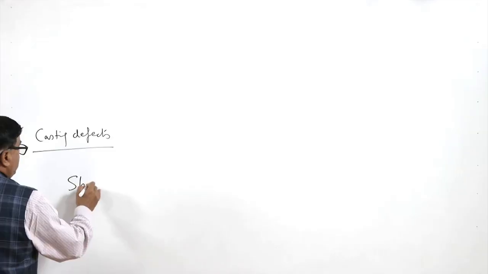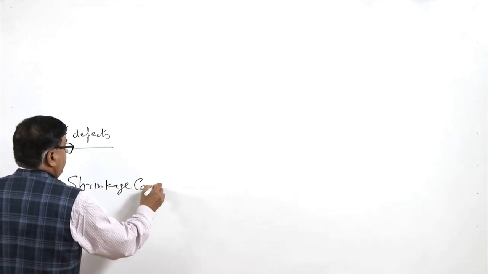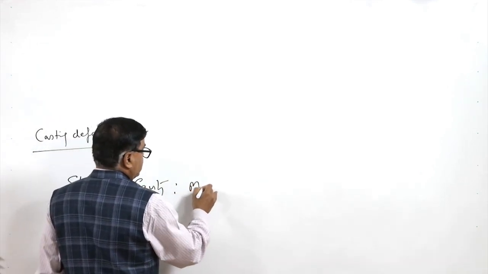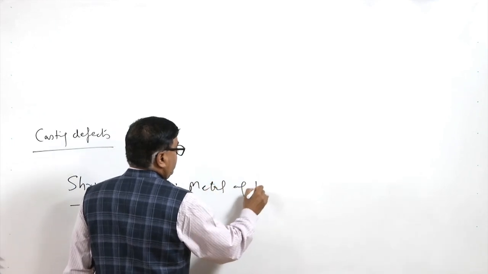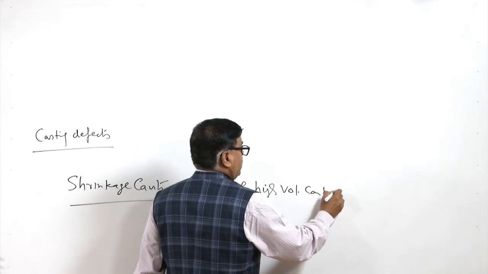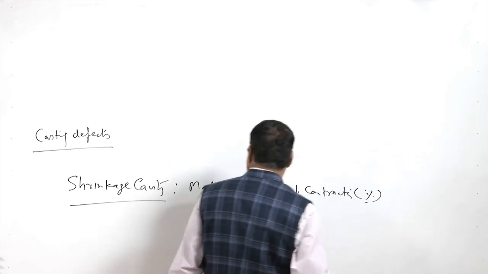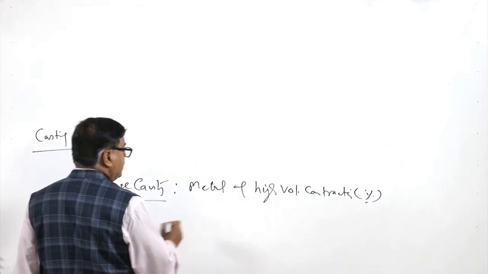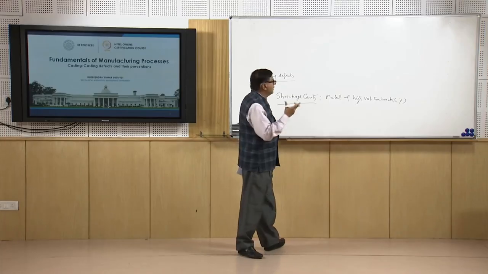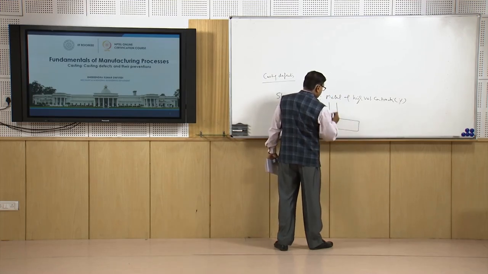Then the shrinkage cavity. This kind of problem is caused in the case of metals of high volumetric contraction, for which the volumetric contraction percentage is too high. So, in this case, the region which solidifies at the end leaves behind an unfilled cavity like this.